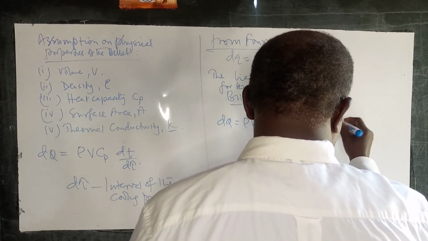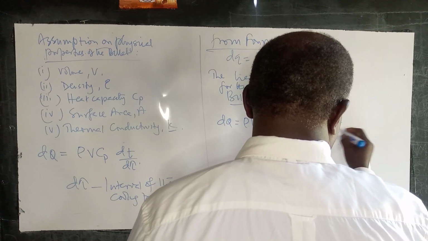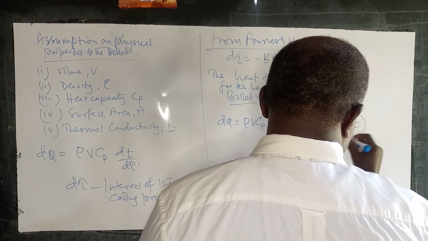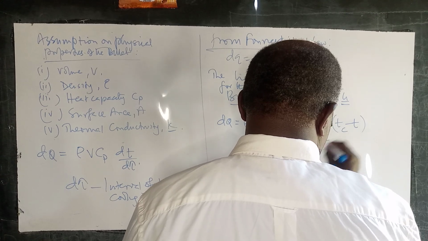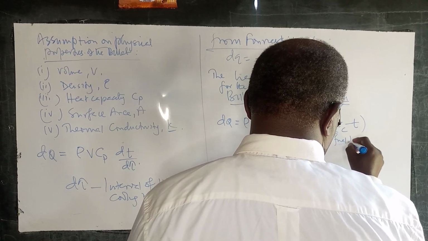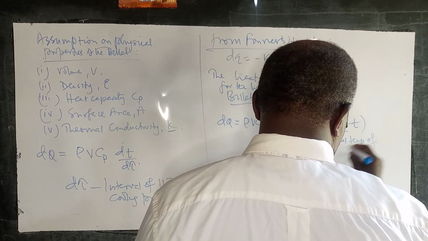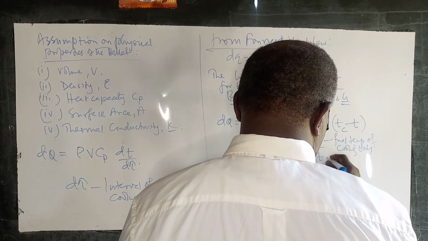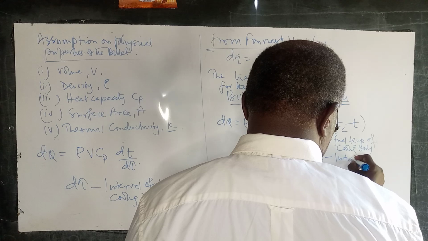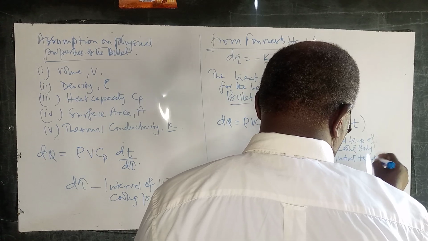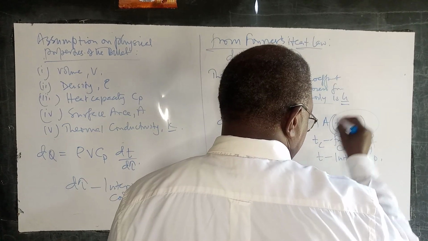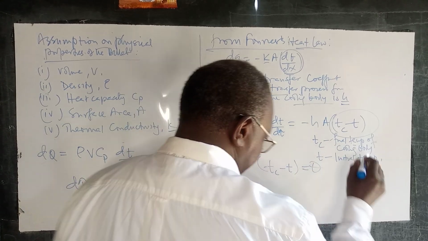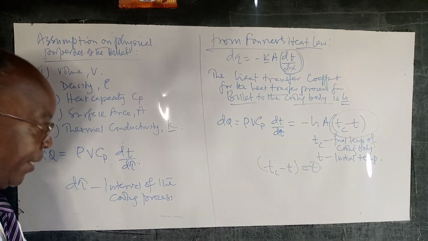That's the temperature of the cooling body and its initial temperature. So Tc is the final temperature of the cooling body and T is the initial temperature. To make our life easy, I can call that Tc minus T. Let me just call it theta, the change in temperature there.